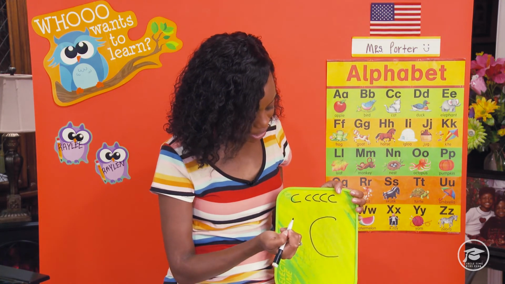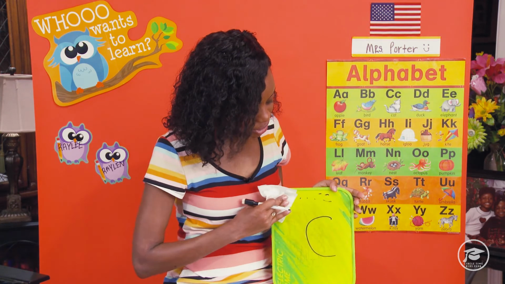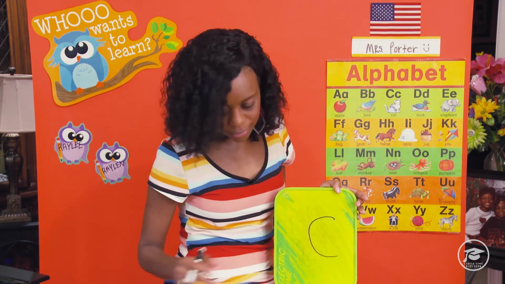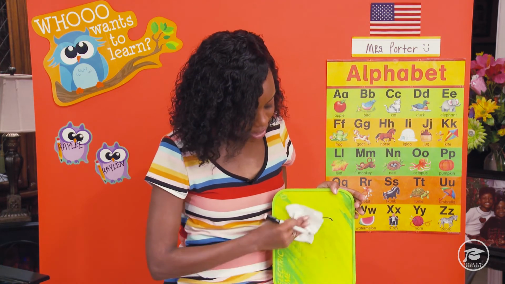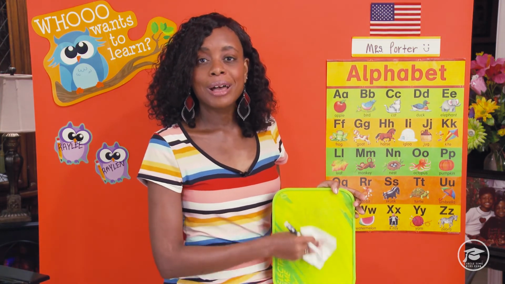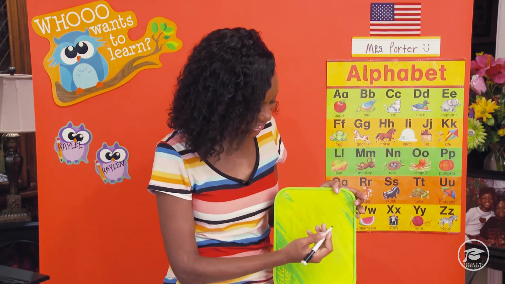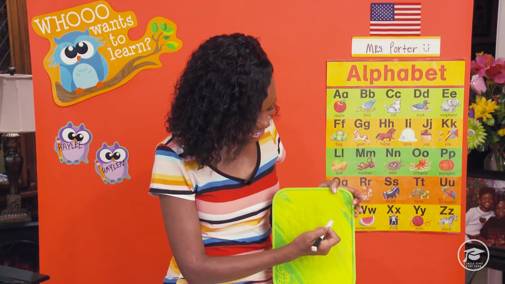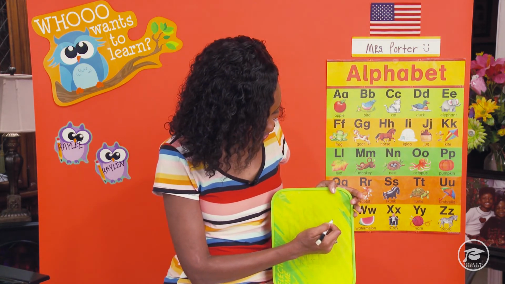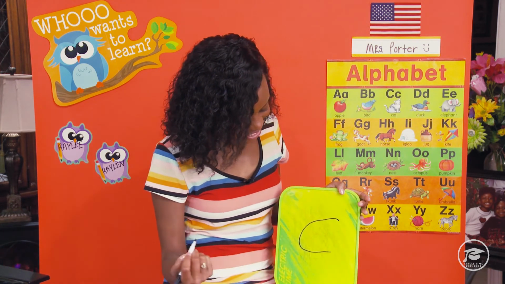You do that on your paper. Okay? We're going to do a larger one. And you know, we always call these mama C's. We're going to call this one a papa C. Okay? Let's do it again. Let's do a large papa C. Okay? That's a half a circle, stop.